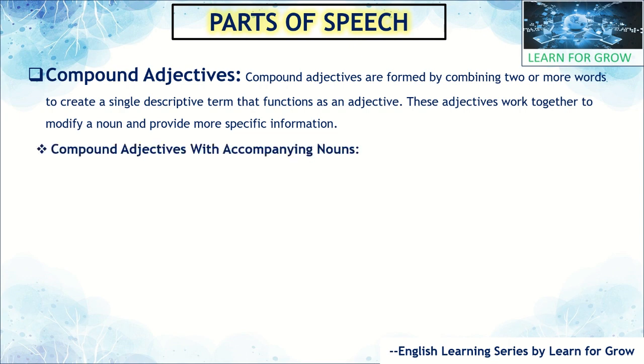See here, compound adjectives with accompanying nouns. The company develops high-tech gadgets for everyday use. Means compound adjectives are formed by combining two or more words. Here, high-tech gadget for everyday use means it combines some words and gives specific information.